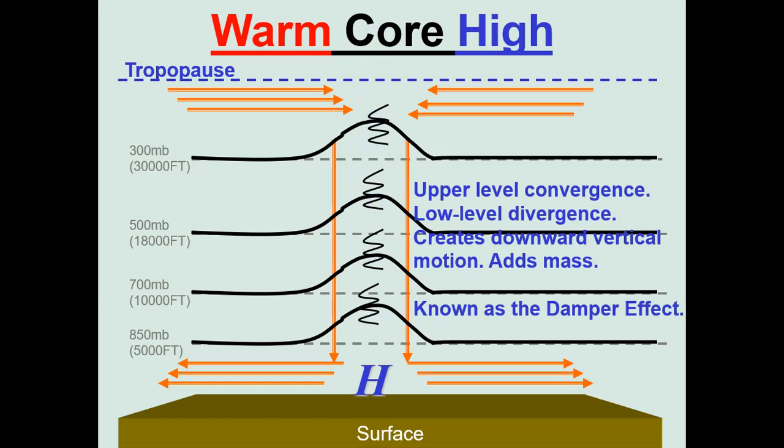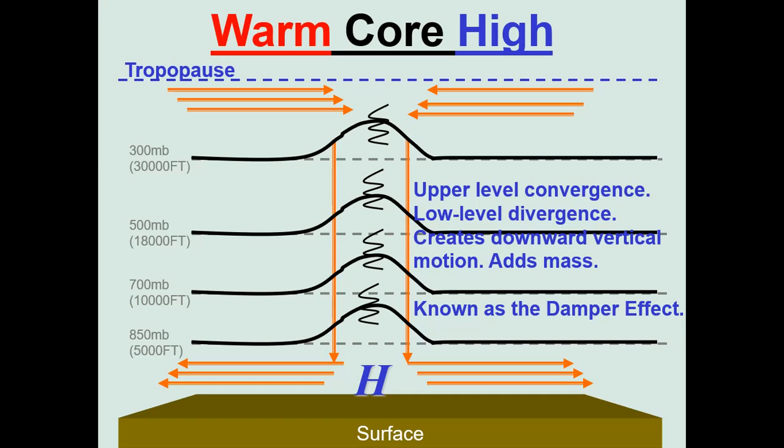You've got the high pressure at the surface. You've got this expanding atmosphere directly above the high, especially since there are warmest temperatures at the center. And you see these almost hill shapes at every level above that blue H. And that shows ridging aloft, or higher heights generated above that warm core high.